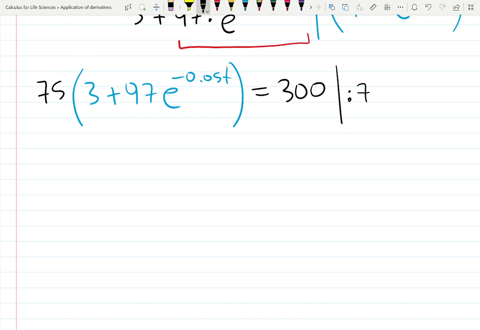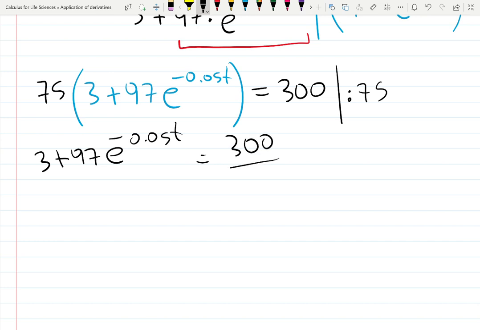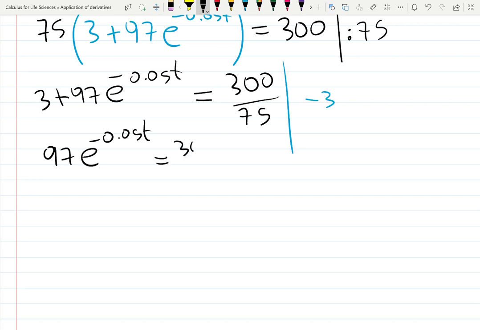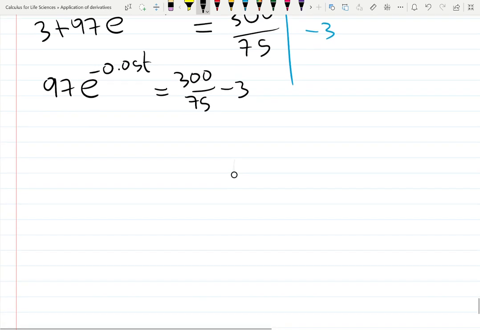Let's divide by 75. It will be 3 plus 97e to the minus 0.05t equals 300 over 75. What next would you do? Let's subtract 3 from both sides. It will be 97e to the minus 0.05t equals 300 over 75 minus 3. Slowly getting there. That's slow. Just 1.